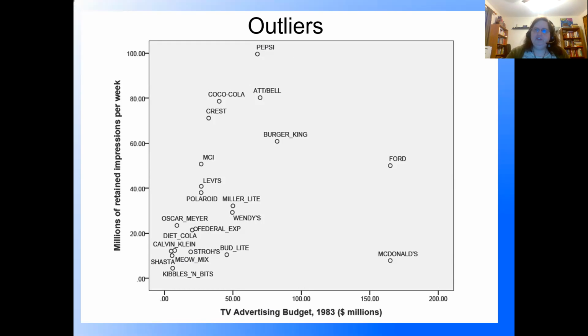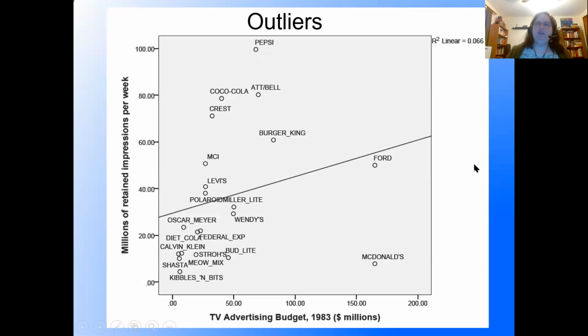Is it somehow changing our regression line? So let's start off by looking at our regression line just like this. We can see that the R squared is 0.066, not particularly large. Not a very strong relationship.